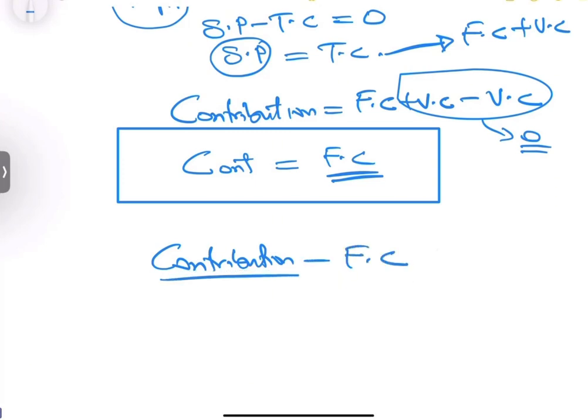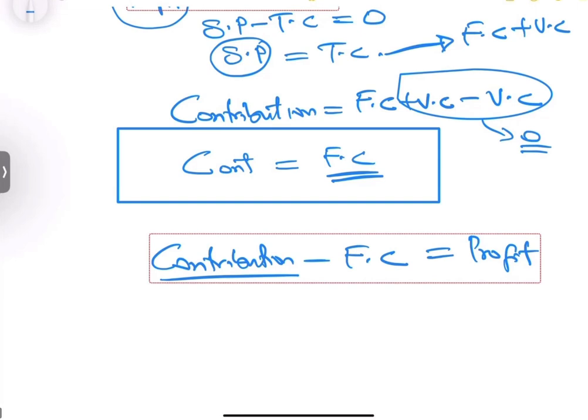Do you remember that this is the formula of profit actually? Because when profit is equal to 0, that is why your contribution is equal to fixed cost. Is it making sense? Thumbs up.